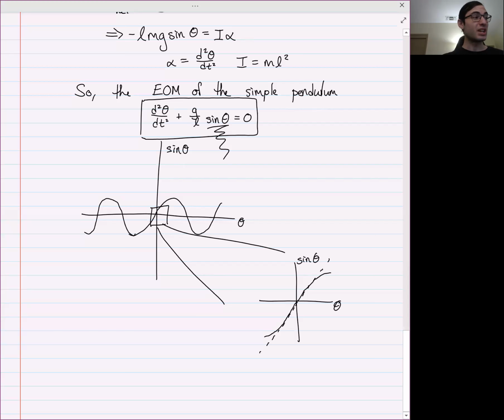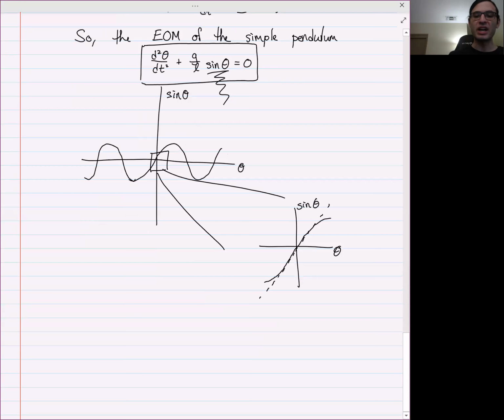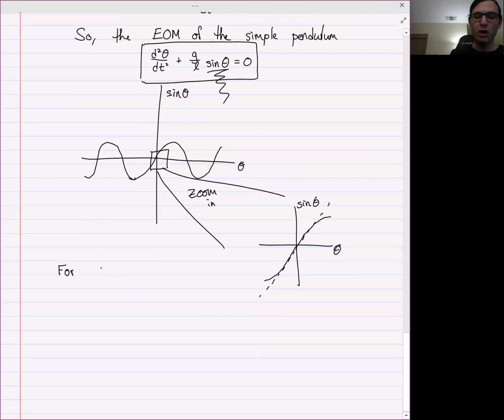And so, in fact, what this is saying is that for theta, again, theta is an angle here, measured in radians, for small values of theta, sine of theta is approximately linear.